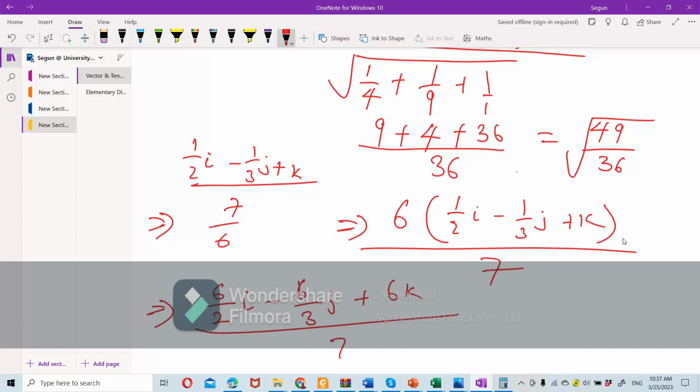Everything divided by 7. So you agree with me if I said I have 3I minus 2J plus 6K divided by 7.